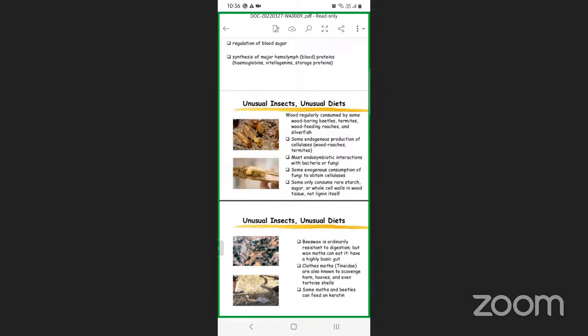Fifth one, carnivores. These insects depend on living animals as a source of food.